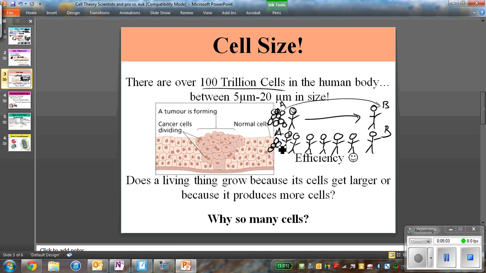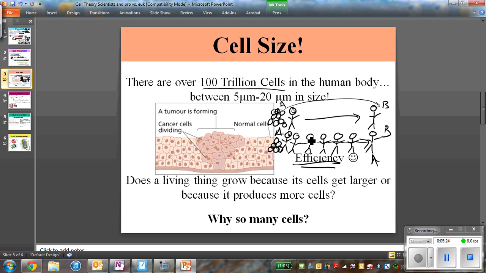Which one would be faster? Taking 100 sandbags yourself to your friend at point B, or passing one sandbag along one by one to each person and creating this giant line of sandbags as they move down the row? Of course, it's this one. This one is more efficient.